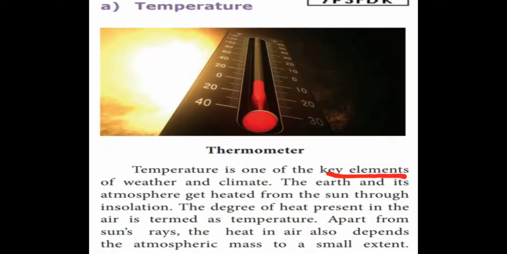The earth and its atmosphere get heated from the sun through insolation. Through what? Insolation. The degree of heat present in the air is termed as temperature. Apart from the sun's rays, the heat in air also depends on the atmospheric mass to a small extent.